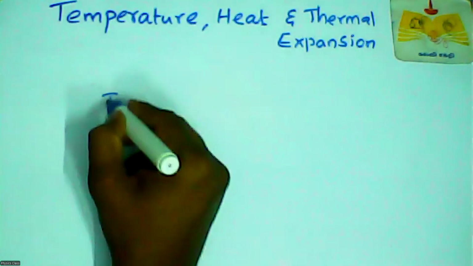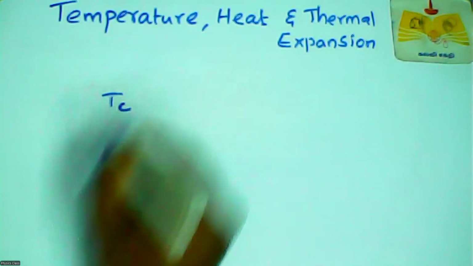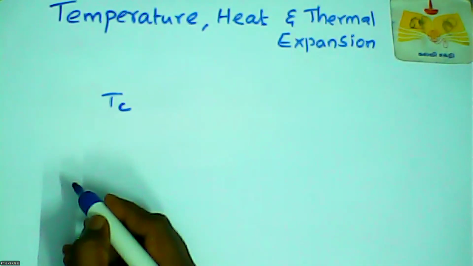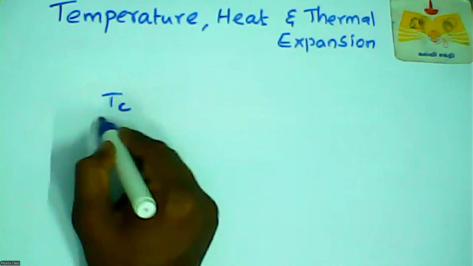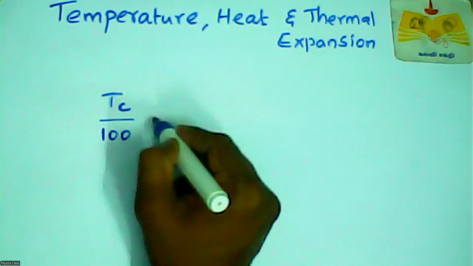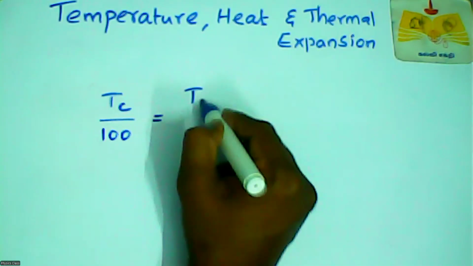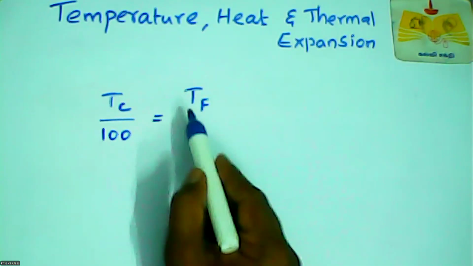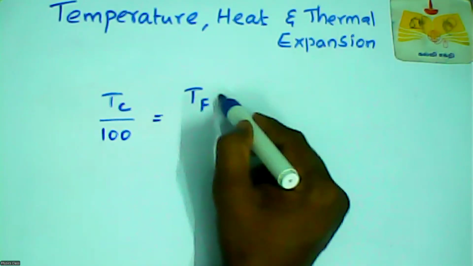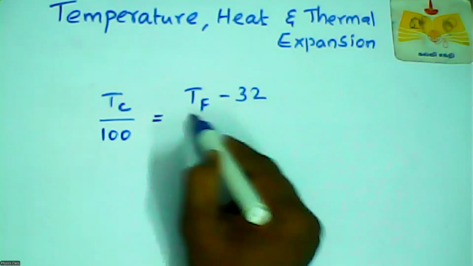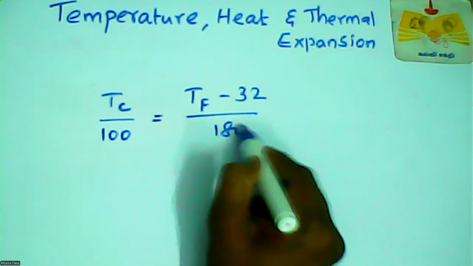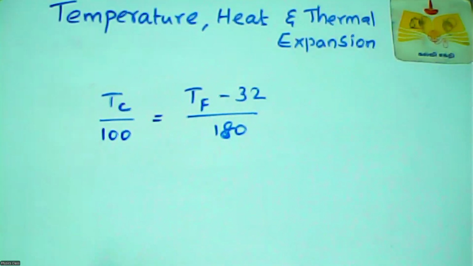First of all, TC means temperature in Celsius, by 100 gives TF, the temperature in Fahrenheit value, minus 32 divided by 180. Clear?